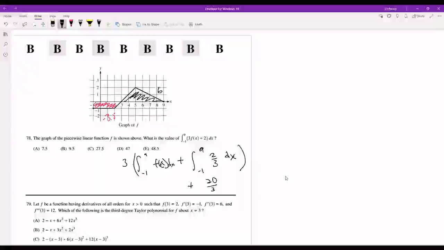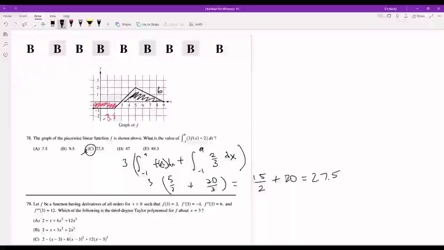So 6 minus 3.5 is 2.5, or 5 halves. And then this is all multiplied by 3, which equals 15 halves plus 20, which is 7.5 plus 20, which is 27.5, or C.